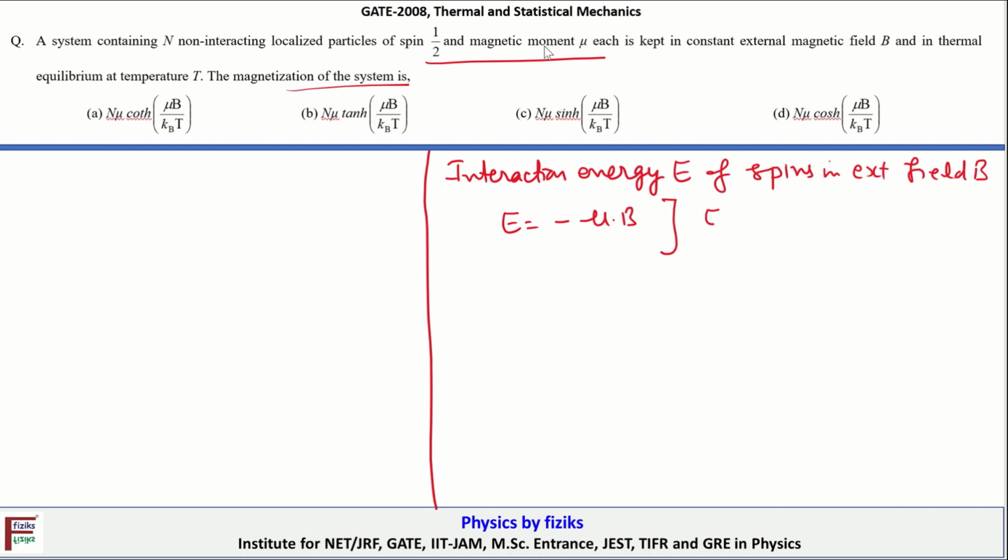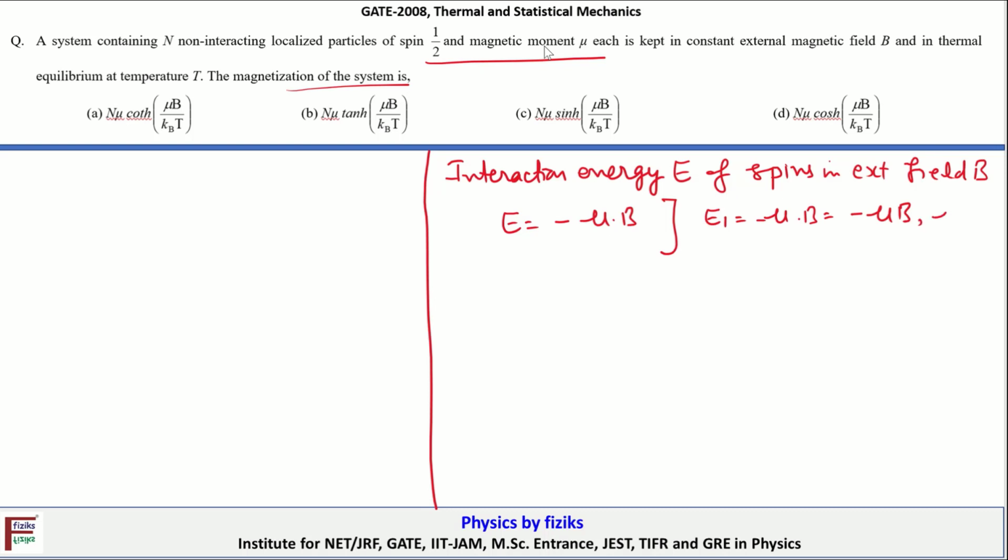Let's call the energy E1, that is equal to minus mu dot B, and that is equal to minus mu B when mu and B are in the same direction. So that is when the magnetic moment aligns along the field direction.